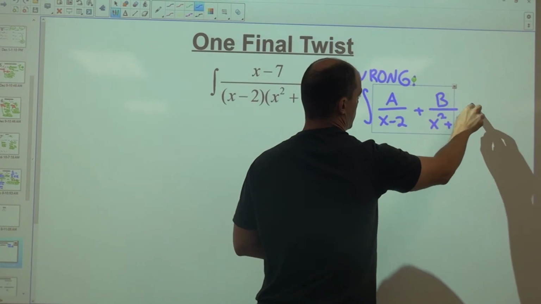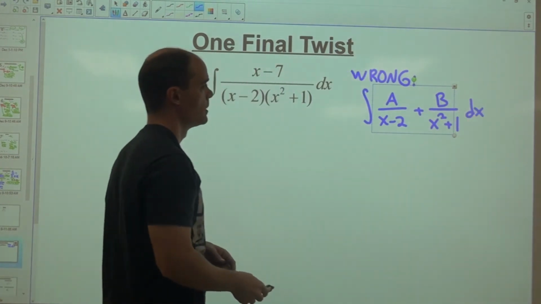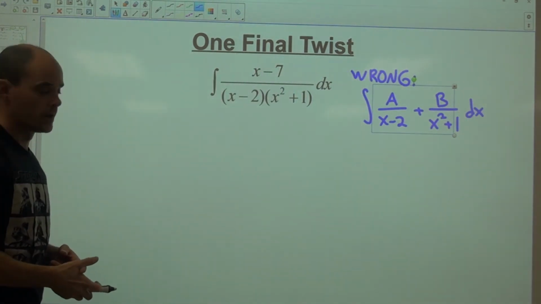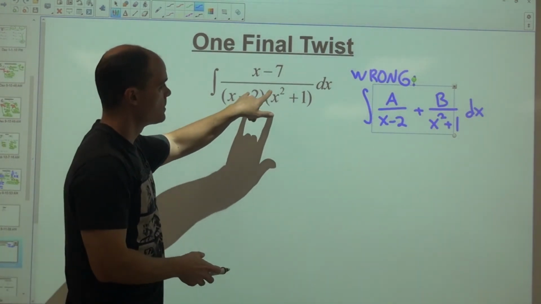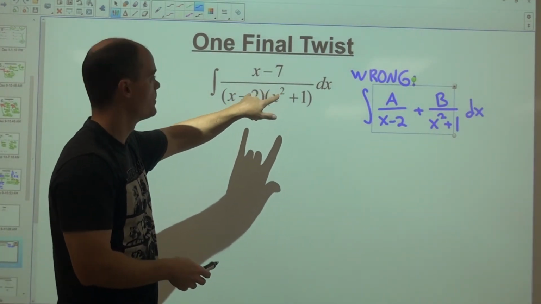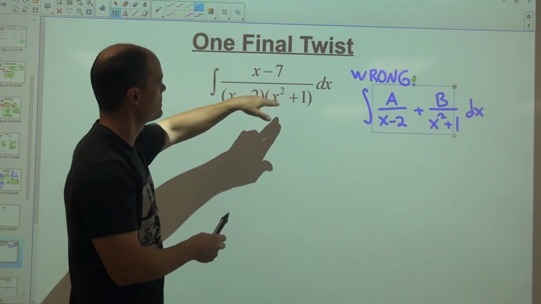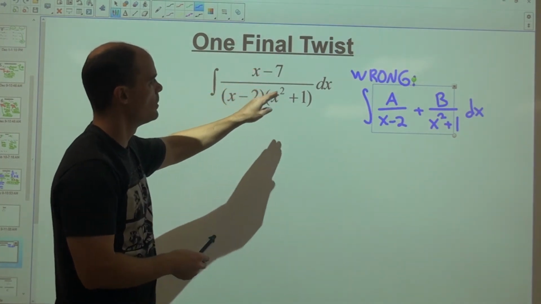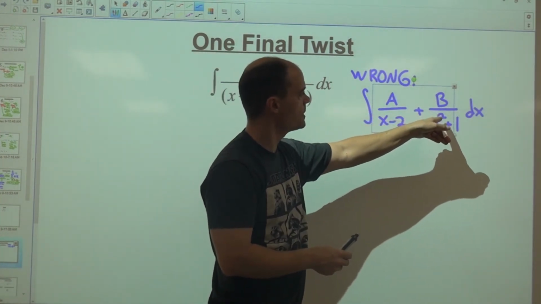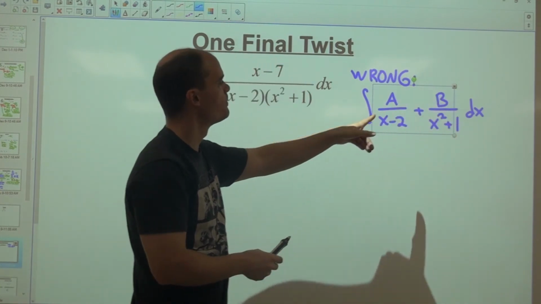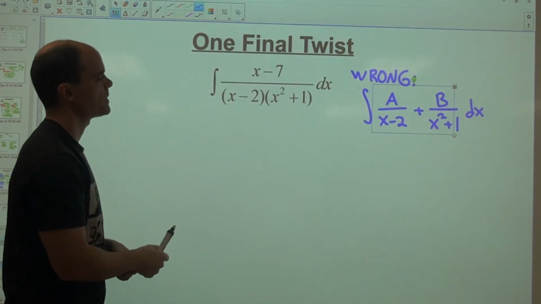And that's it. Done, right? No, not done. If you're going to use the partial fraction strategy, then you have to treat this as a divisor. The trouble with keeping this piece and a regular b is that that's not how your partial fractions would work out.